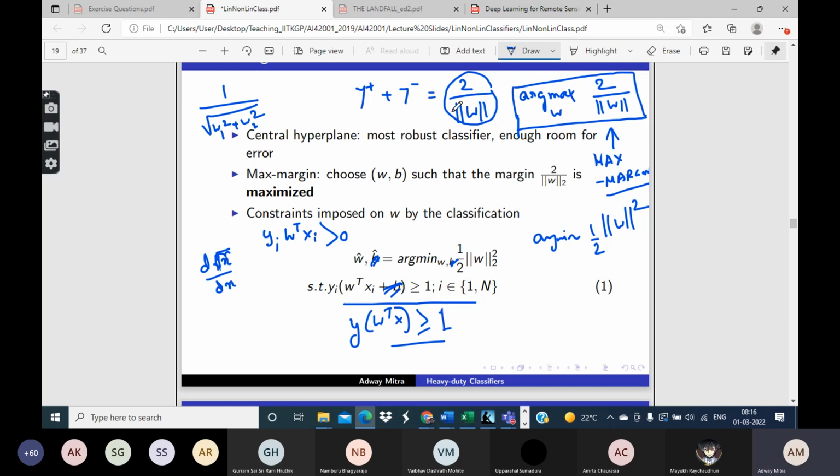Now, we have already decided that we want to maximize this margin. So I will have to choose W in such a way that this margin is maximized, which in turn also means that if you take its reciprocal, that reciprocal will have to be minimized.